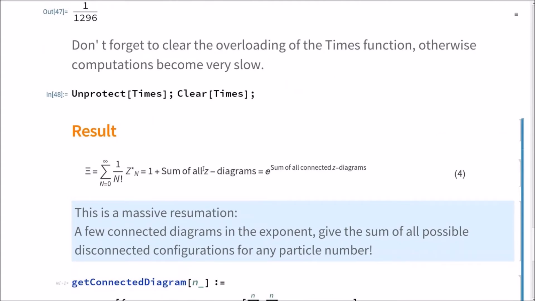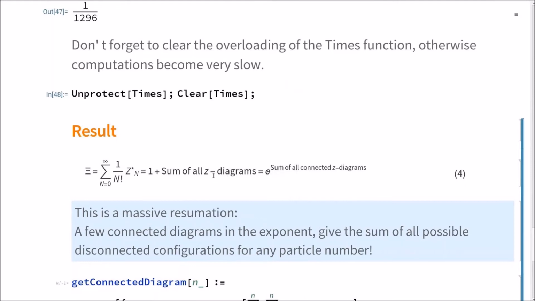instead of summing all kinds of diagrams where all these disconnected diagrams appear in order to calculate this function, we simply can calculate all connected Z diagrams and put them in the exponent of the Euler number, and get all possible disconnected combinations of these diagrams immediately.